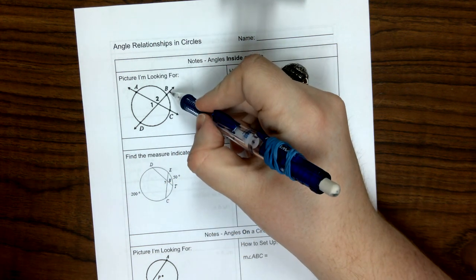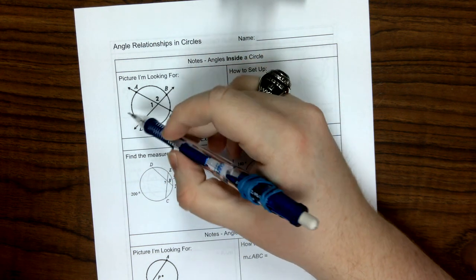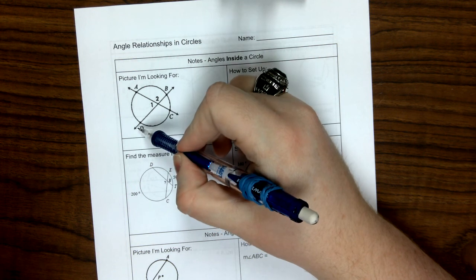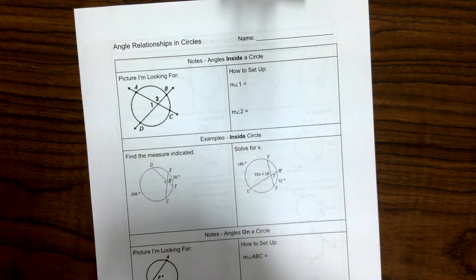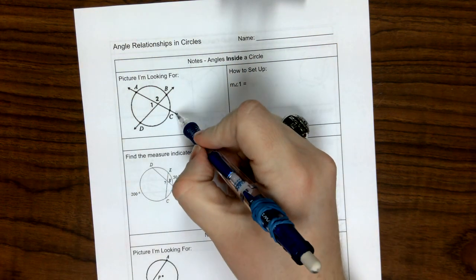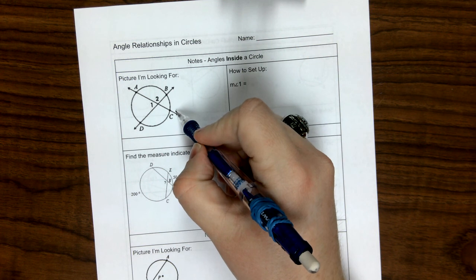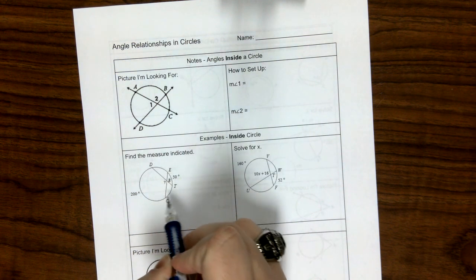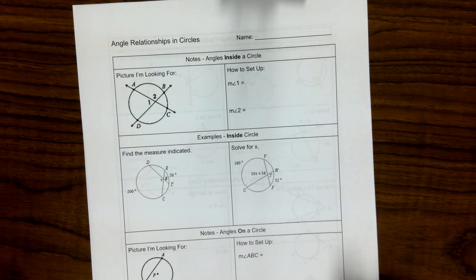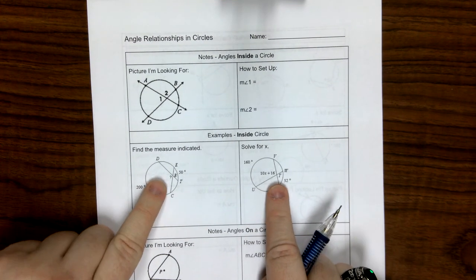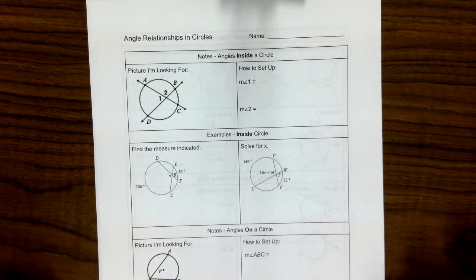You probably won't see them come outside the circle as much. You'll just see the inside part, so don't freak out too much if you don't see the outsides. They're most likely going to look like this. Two chords intersecting inside the circle.